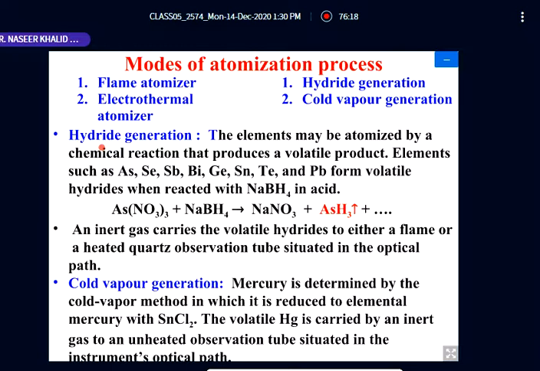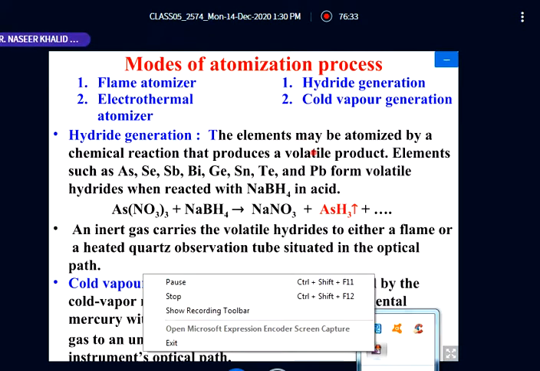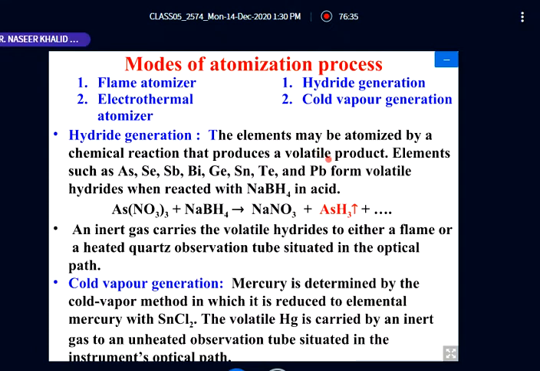Now, when we say hydride generation, it means that the elements may be atomized by a chemical reaction that produces a volatile product. Volatile product means gaseous, with a low boiling point.